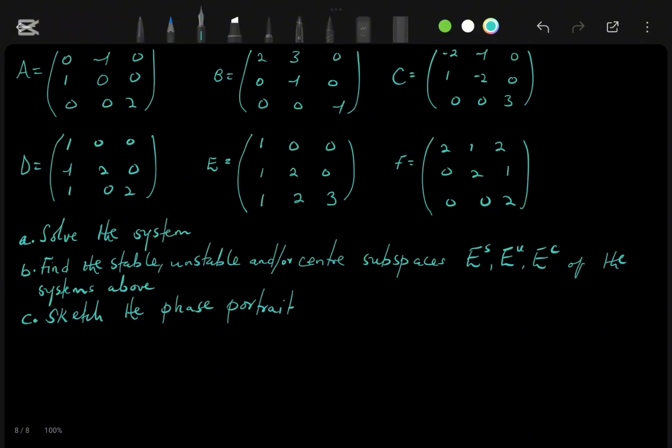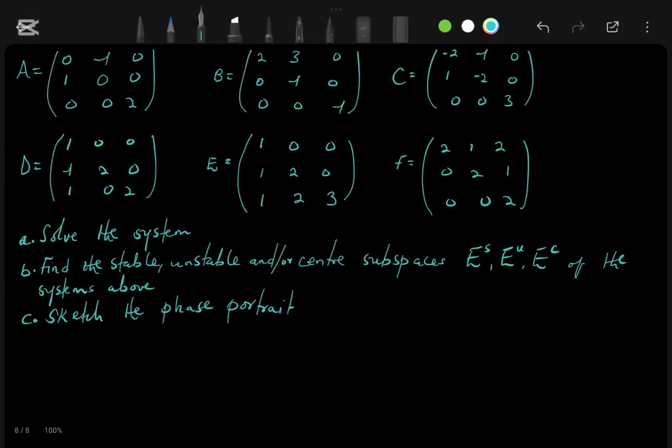Taking a look at the matrices above, if we consider the matrix B, we see that it is upper triangular. If we consider matrix D, we see it is lower triangular. Also, matrix F is upper triangular.